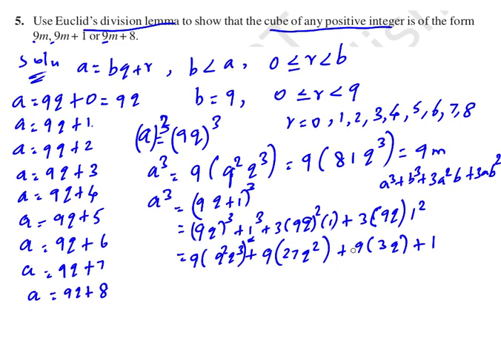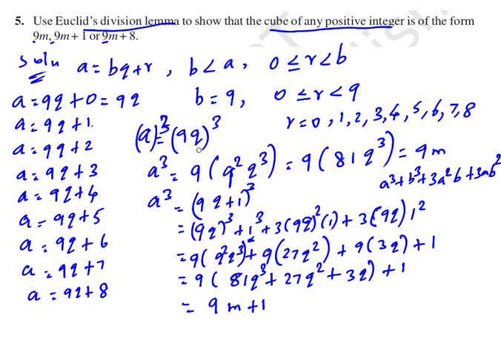In the first three terms we have 9 common, so let me take 9 common outside, so 9 square is 81, so 81 q cube plus 27 q square plus 3q, plus 1. So this bracket if we take it as m, this can be written in the form of 9m plus 1.